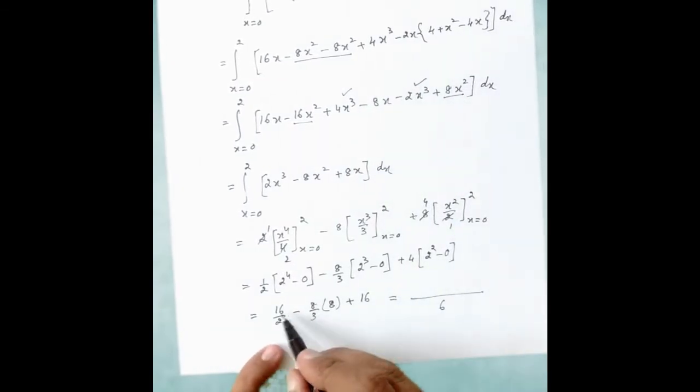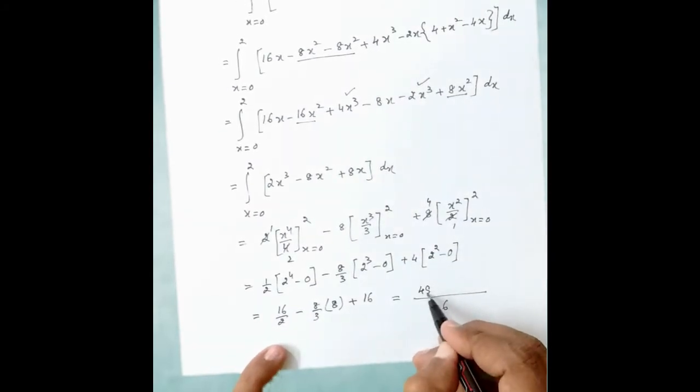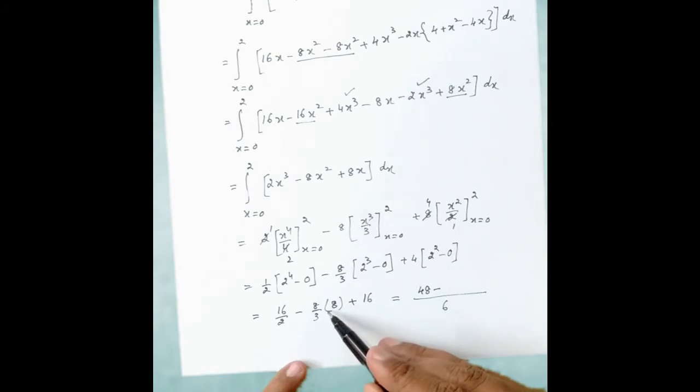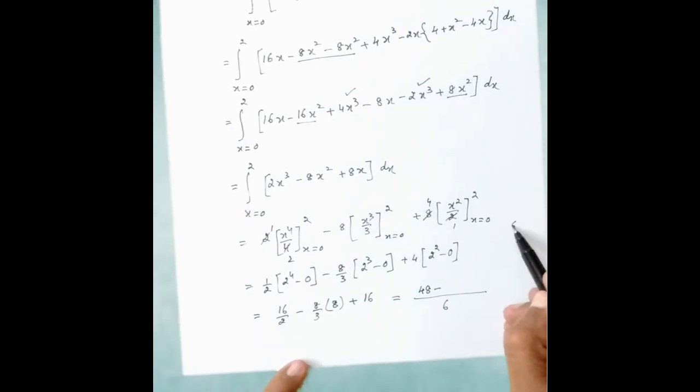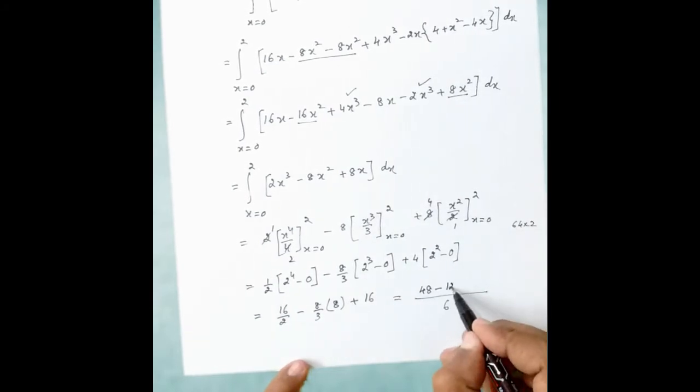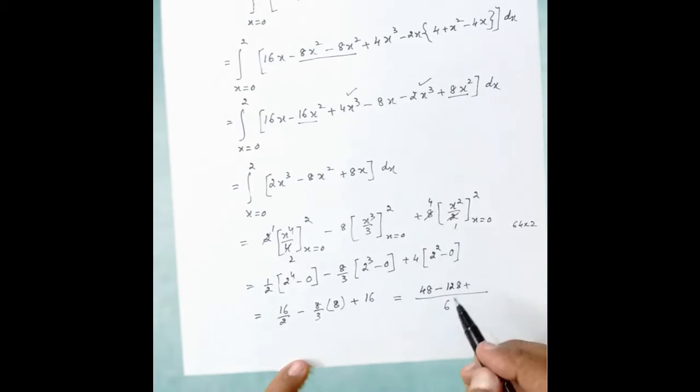So we can just multiply 16 times of 3, it is 48 minus of, you have to multiply 2 over here. It's 8 times of 8 is already 64. 64 has to be multiplied by 2. So you'll be getting 128 plus multiply the 16 times of 6.